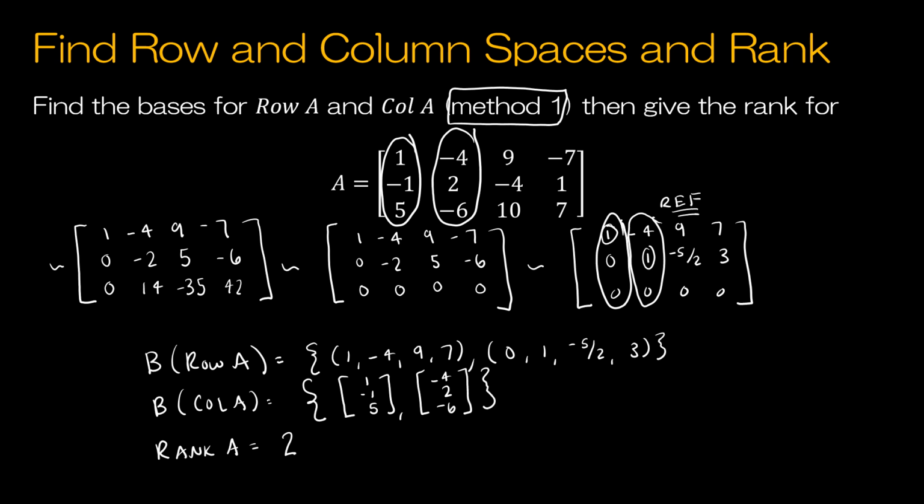Again, that's not the column space of A, that's the basis for the column space of A. So the column space of A would be any linear combination of these 2. So C1 V1 plus C2 V2 is the column space of A, where C1 and C2 are any real numbers, and V1 and V2 are those 2 column vectors.